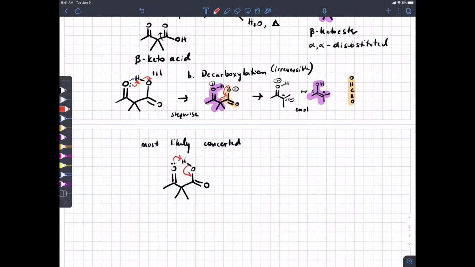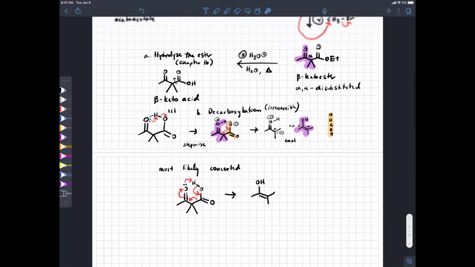These electrons kick down to kick off the leaving group to form the enol all at once. So you're welcome to do it either of these two ways. I suppose not any way you want, right? Check and convince yourself that the arrows that we're showing here lead to the enol.